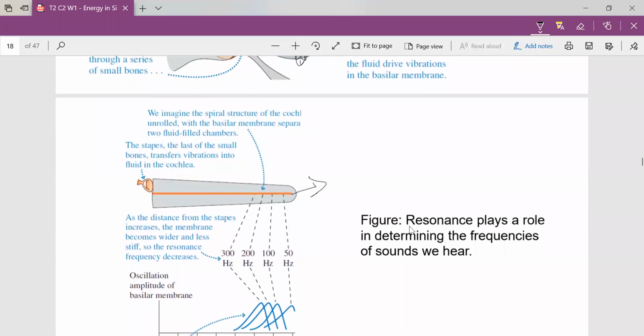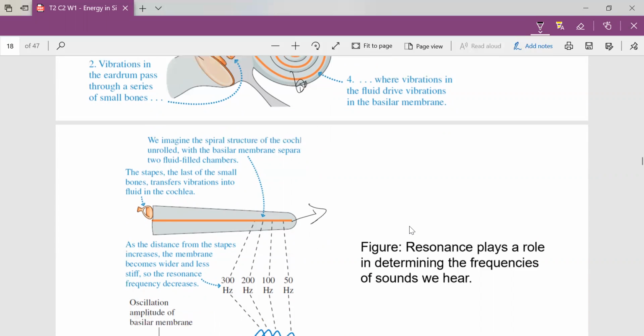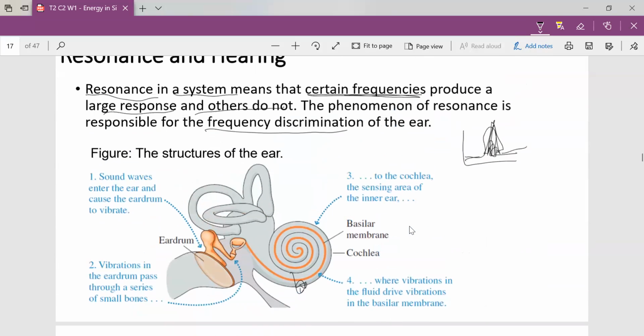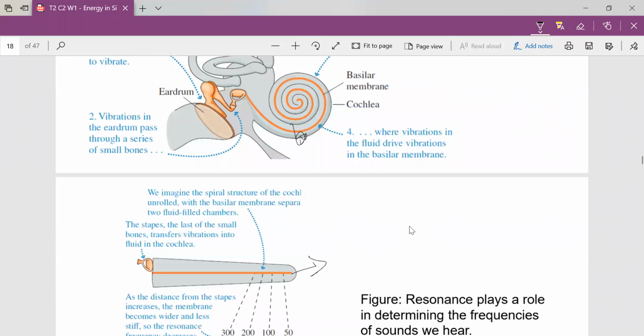When you stretch it out, you need more space. But we're just going to look at it stretched out to understand the principle behind resonance and hearing.